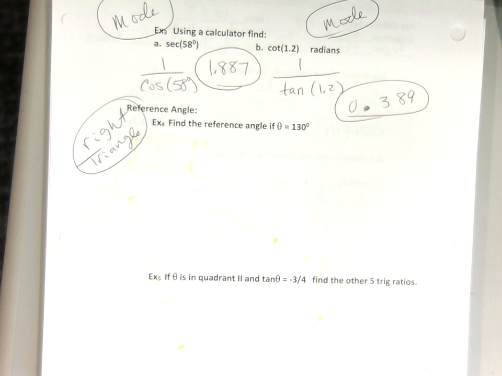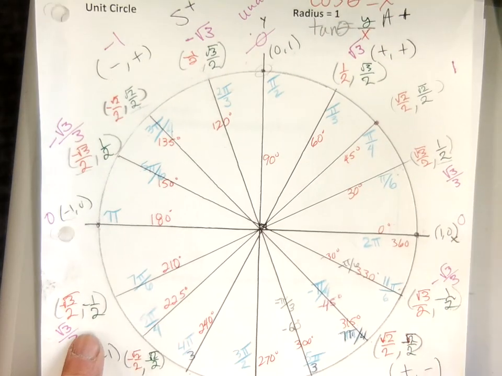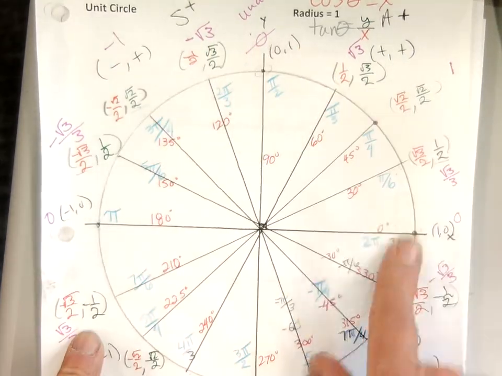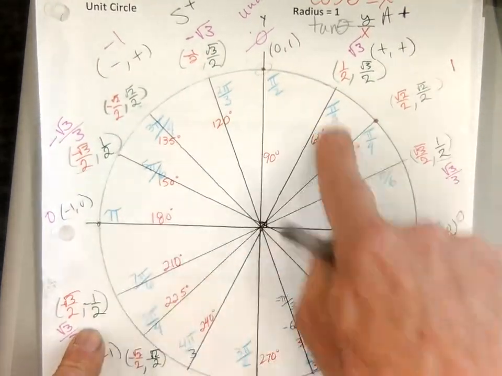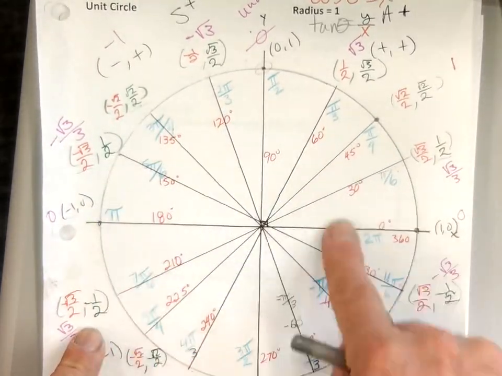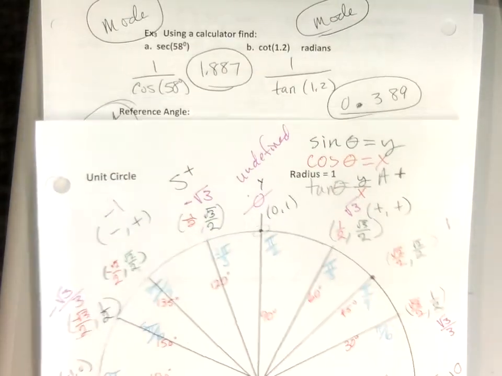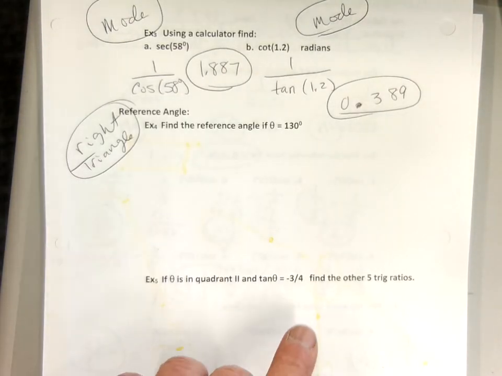So we have to create a right triangle in here. And what we've seen from the unit circle is that the answers are very similar no matter what quadrant you're in, because they're all the same triangles, right? These triangles are all the way around here. So a reference angle just gives us the same angle but just different signs.